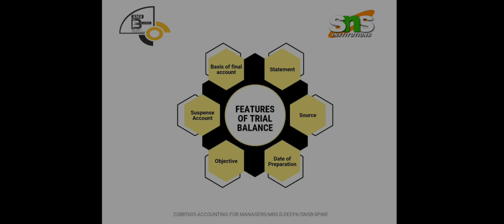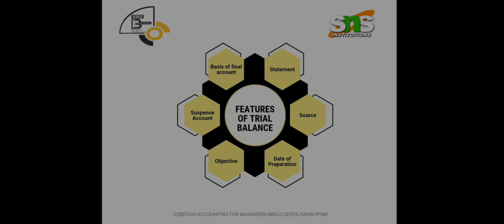Of course, it is the source document where we can identify what is debit and what is credit. And for the date of preparation, we can clearly mention the date on which the transaction was done. The objective is to get clear data without any errors.